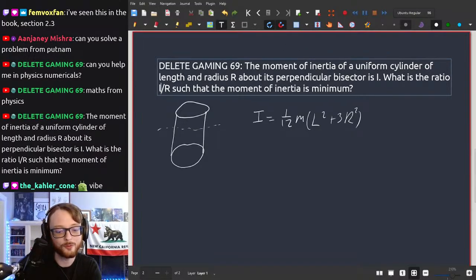But this is a lowercase l? This is supposed to be an uppercase I? I don't know what that means, to be honest.